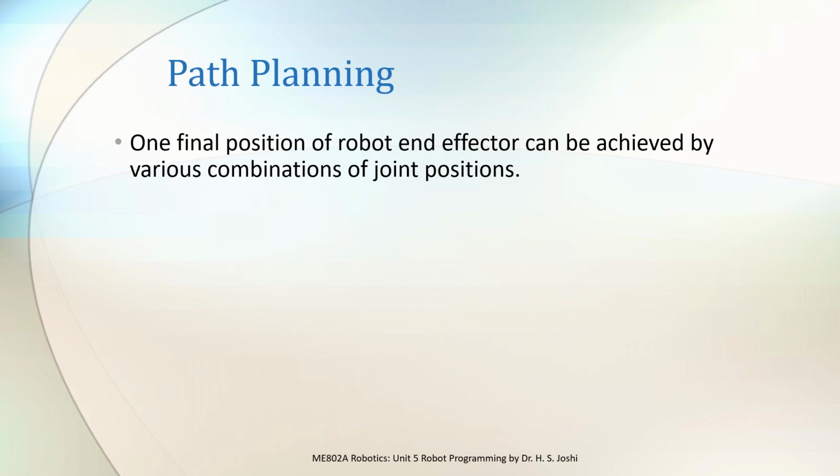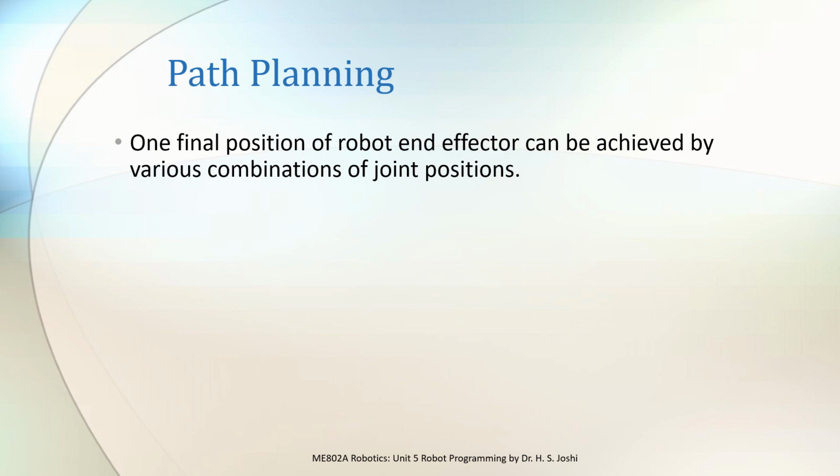We have to understand at this point of time that the robot is typically made up of multiple joints, and the same endpoint can be achieved by various combinations of the joint positions. You need to recall at this point of time the joint coordinate system and the world coordinate system. So a particular point within the world coordinate system can be addressed by more than one way of representation.